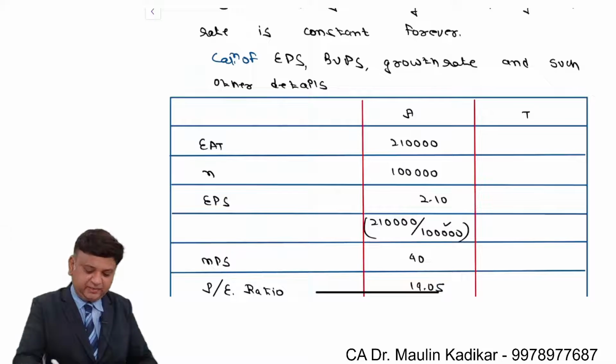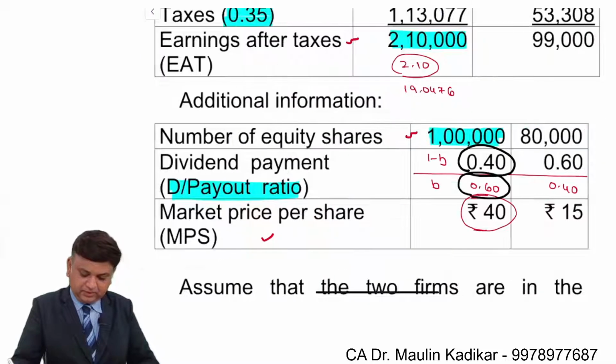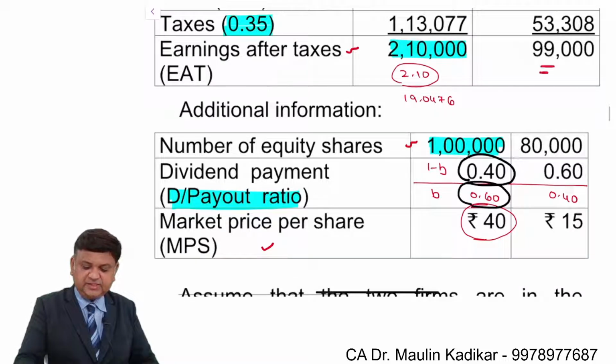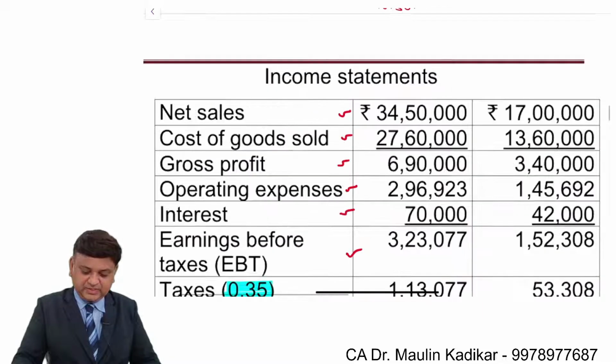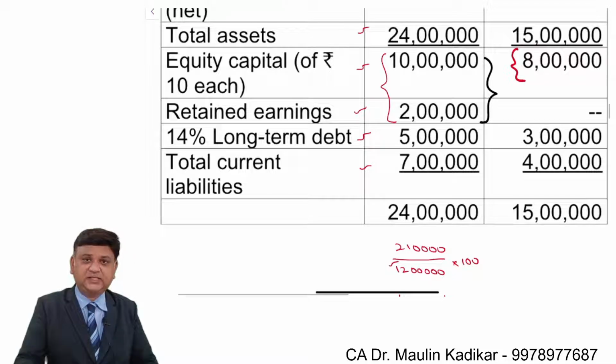Now for the target company, we have to make the similar working. Earning after taxes is given. Number of equity shares are given. That will give the EPS. MPS is given. Divided by EPS is the price earning ratio. As far as the net worth is concerned, it is only equity share capital 8 lakhs.